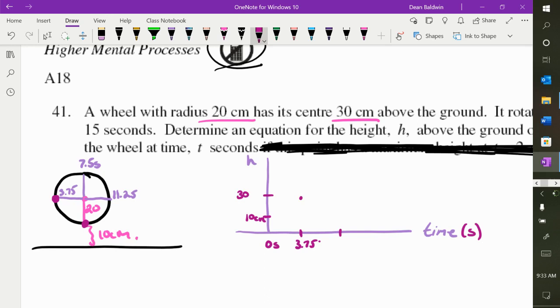How high are you at 7.5? 50. How high are you at 11.25? 30 again. And then how high are you at 15 seconds?